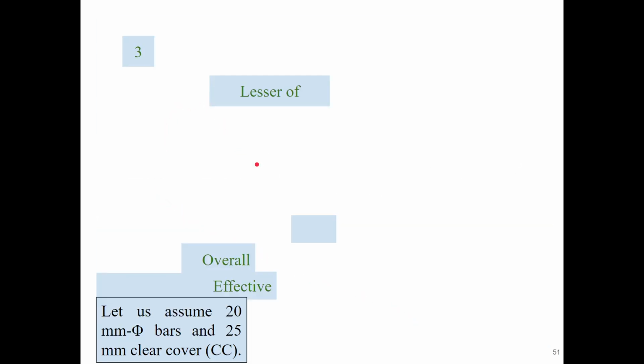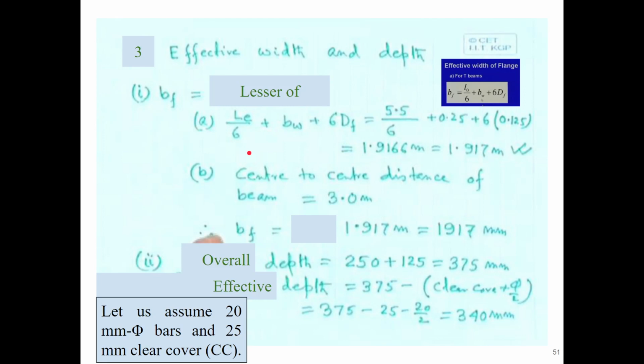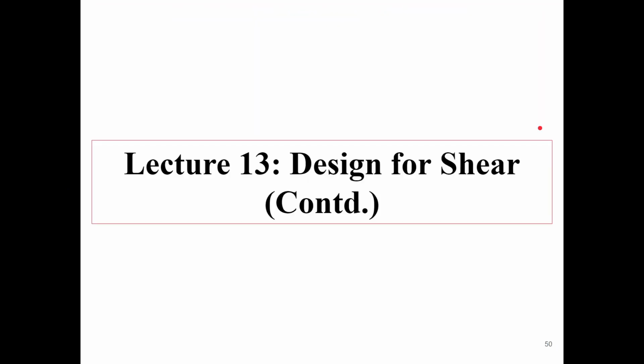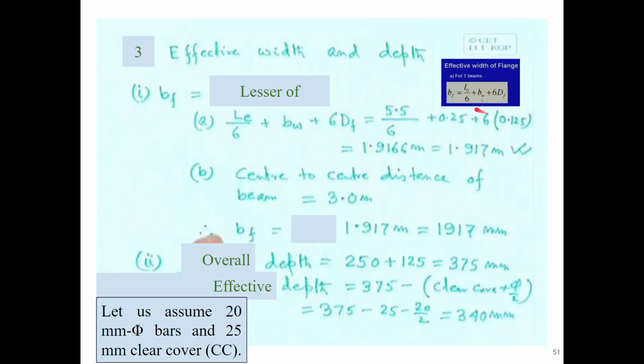Now let us find the effective width and depth. What is the effective width of the flange, we don't know, so we will have to calculate it as we discussed last class. For a T beam, the effective width of flange is L0 by 6 plus bw plus 6Df.